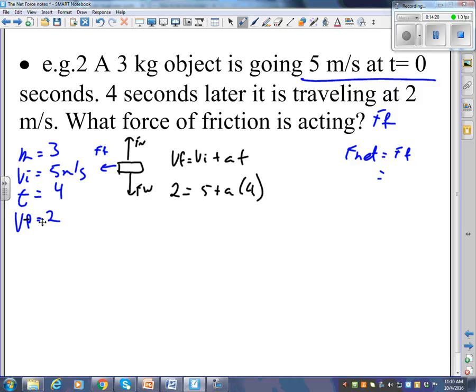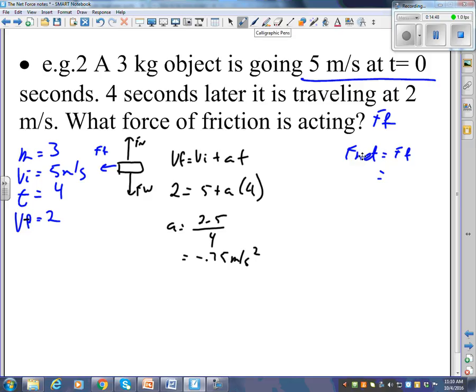Again, you've got to be able to solve these sort of easy. You've got to subtract the 5 first, so it's going to be 2 minus 5 all over 4. 2 minus 5 is minus 3, so minus 0.75 meters per second squared. There's my acceleration.